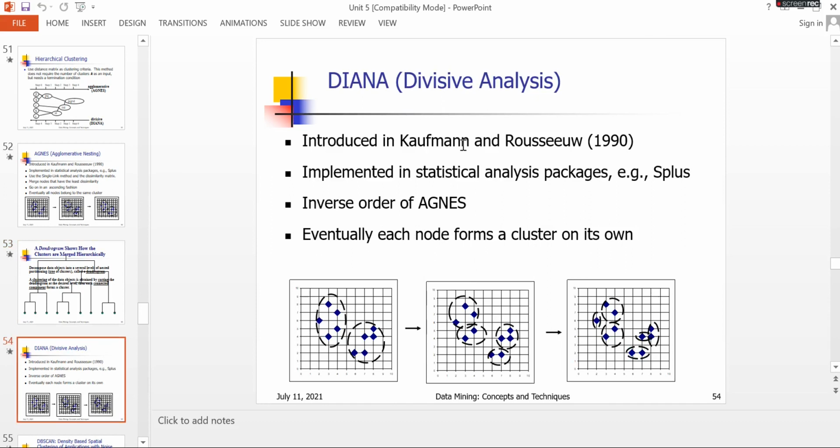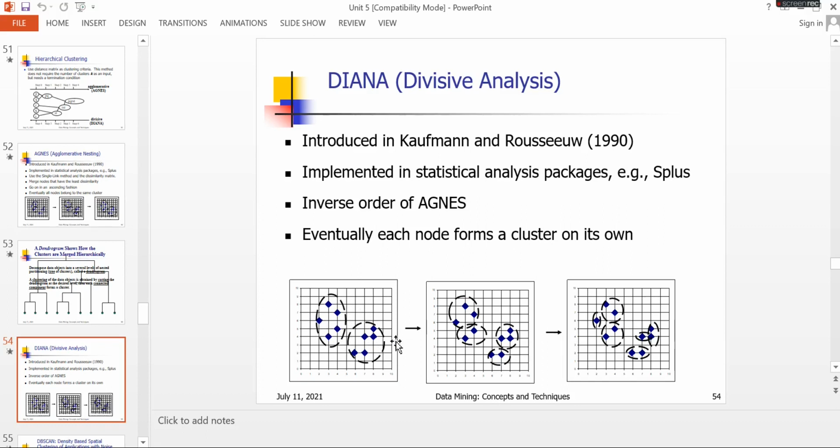In the same way, see the Diana method, that is the divisive analysis method, introduced by the same persons in 1990. Both are just opposite. It is the inverse order of Agnes, a reverse order. Eventually, each node forms a cluster on its own. So divisive, you have to divide. Two clusters are there now. In the Agnes method, we have this as the final result. In the Diana method, we have to start from here.